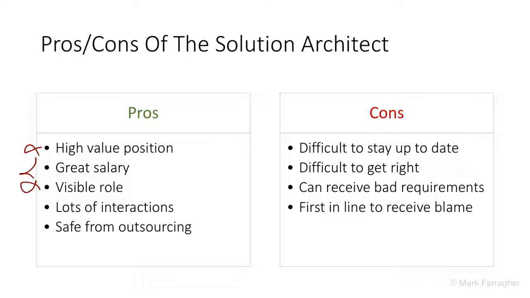The role is extremely visible. You are responsible for technology, everybody talks to you, you talk to everybody, you're clearly visible. You're like the CEO of that particular project. And you are safe from outsourcing. You cannot outsource an architect role because it requires so much leadership and so much direct communication with other people. So you're safe from outsourcing.